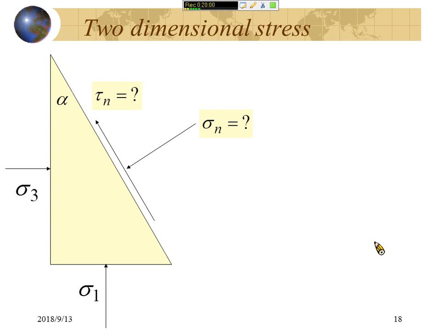This will be a general case. The previous case was the 45 degree. Right now, it will be a general case. The inclined plane has an angle with the vertical plane equal to alpha.